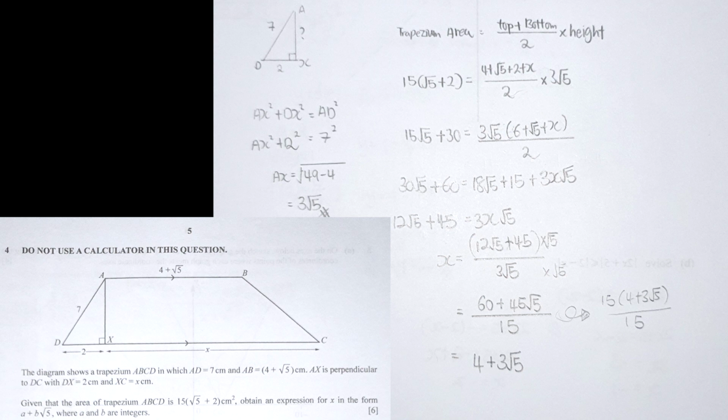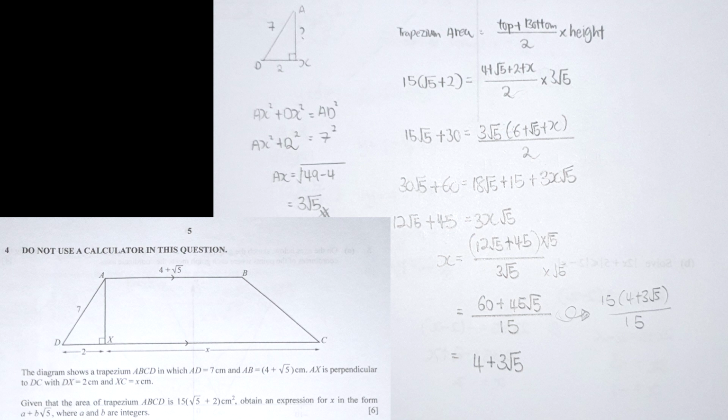This equation will be equals to 15 bracket square root 5 plus 2. By running the calculation, I get rid of the 2 first. Then multiply the 3 square root 5 into the bracket. Rearrange them, and you will get x equals to 12 square root 5 plus 45 over 3 square root 5.